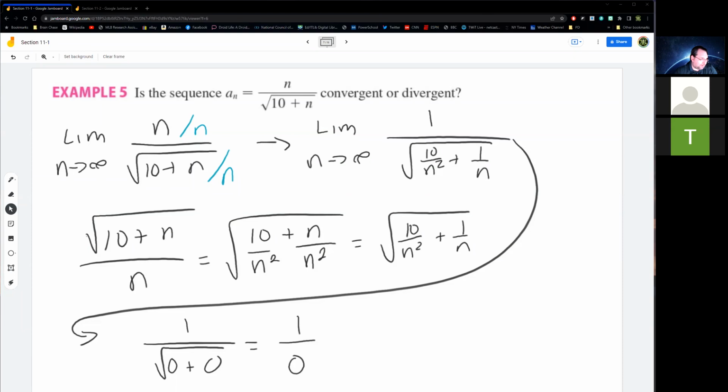So this would actually end up going to 1 over 0, which is infinity. So since it goes to infinity, it diverges.